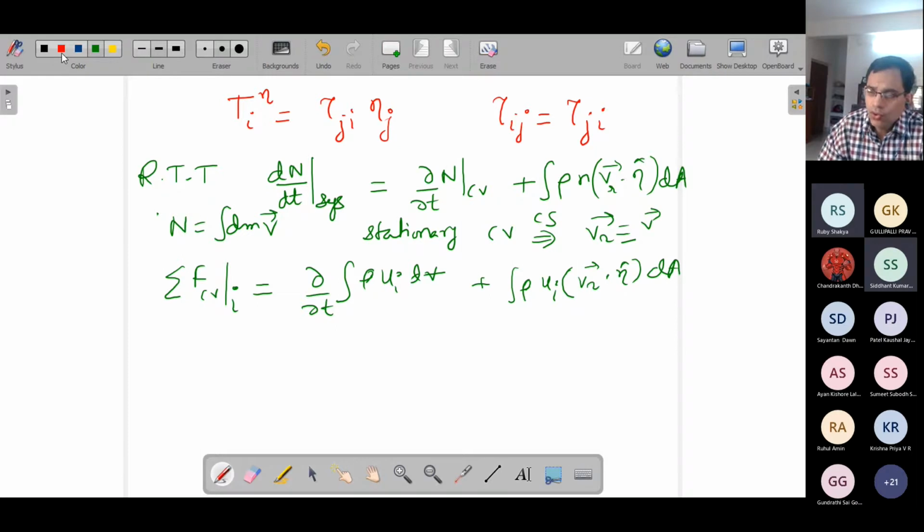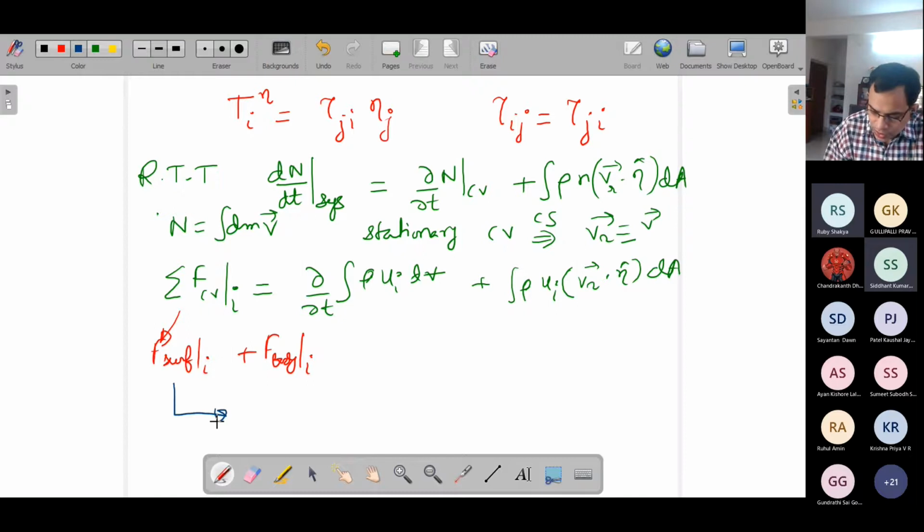Now the force is due to the surface force plus the body force. What is the surface force? For surface force, we know that the force per unit area is the traction vector, and its ith component is Ti.